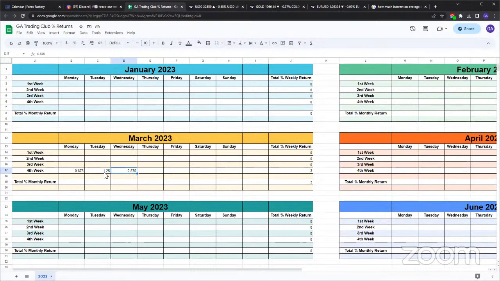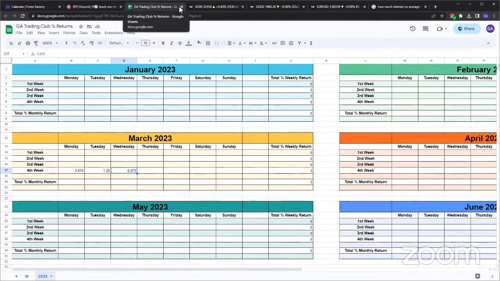Let me put this in perspective. If it's a 100K account, even a 0.5% return for a day is 500. How many people make $500 in 1 hour, or 1.5 hours? Think of it.